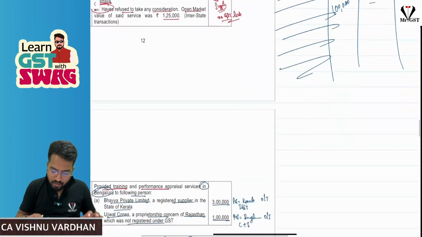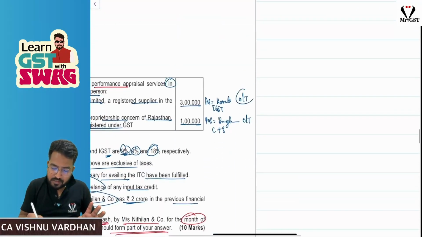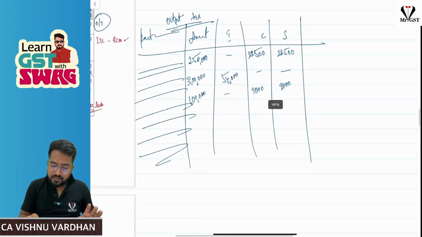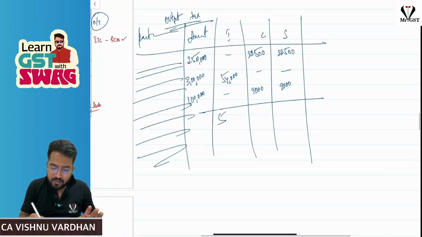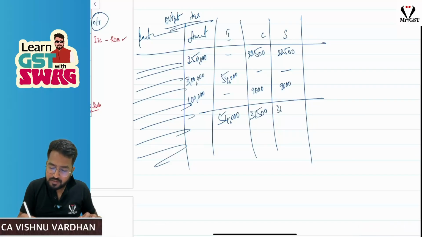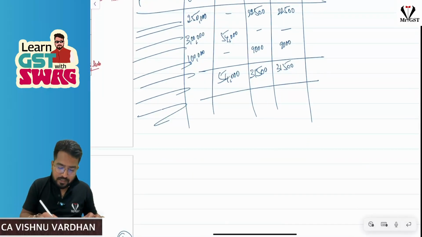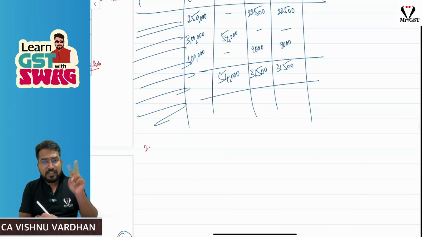So these are my output supplies and the output tax which we have calculated. So 3 transactions we have filled here. So my total output tax is 54,000 and 22,500 plus 9,000, so it will be 31,500, 31,500.